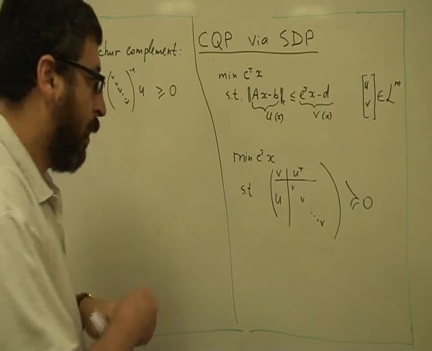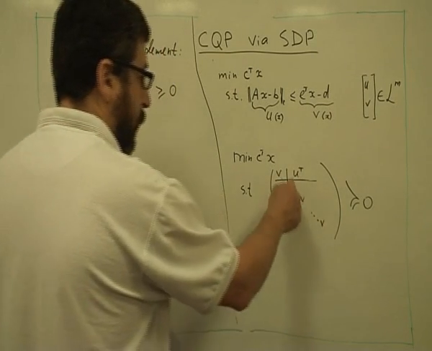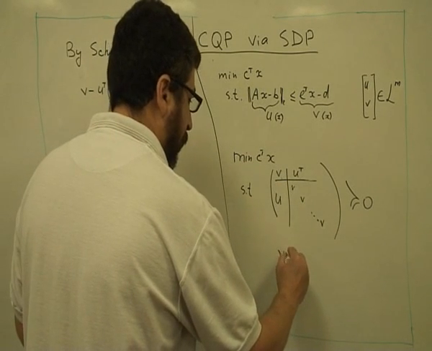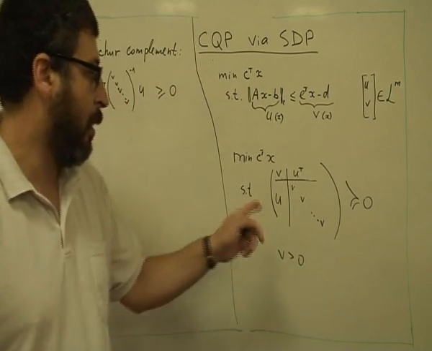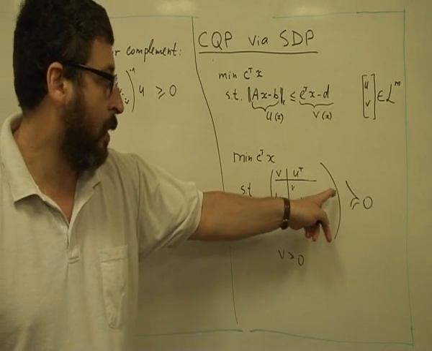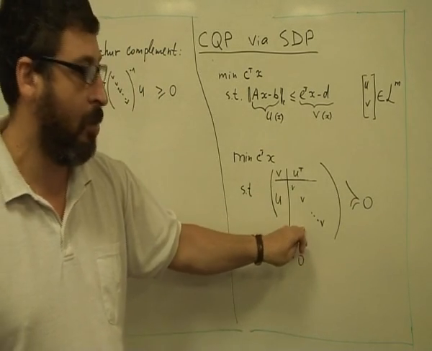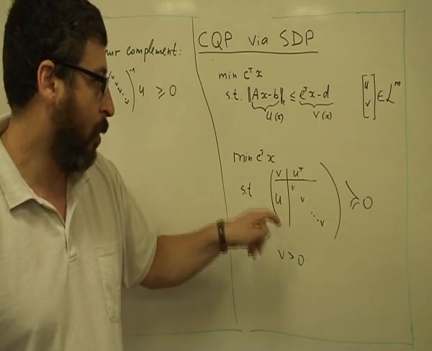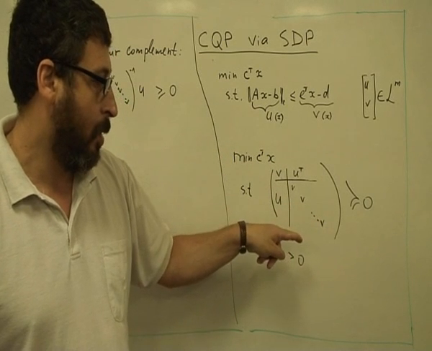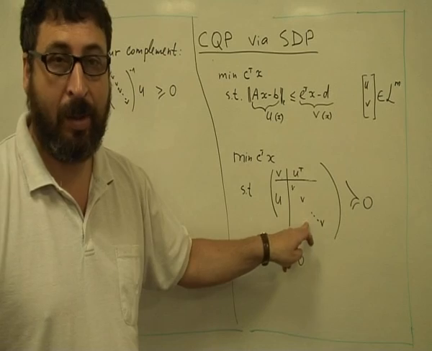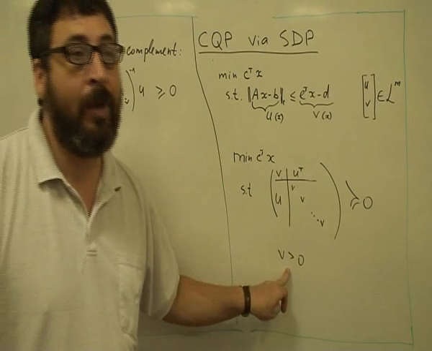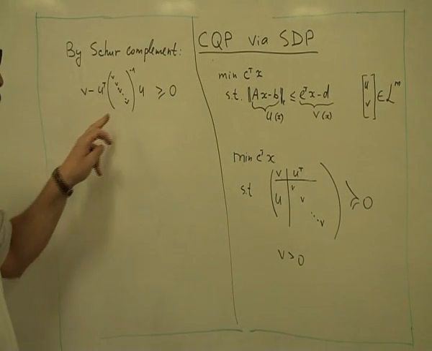We only have to say that this is positive definite. It's the same to say that v greater than 0, and this really will take place if this matrix is non-zero and positive semi-definite, because v defines trace of this matrix. And if matrix is positive semi-definite and non-zero, the trace is strictly larger than 0, so v is larger than 0.